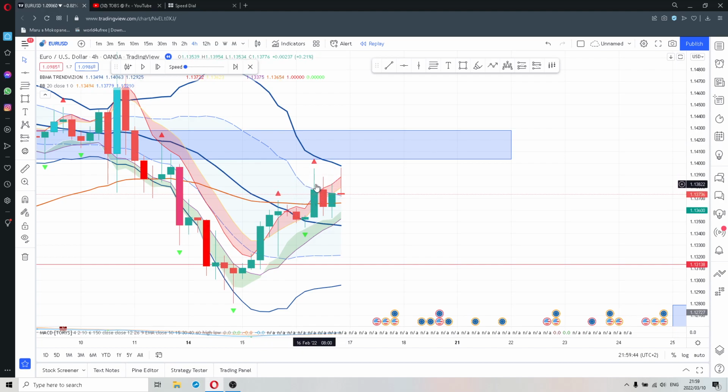So on 4 hours, guys, when you get to 4 hours, you're looking for an extreme. And we are looking for an extreme after it touched that zone, guys. So let's look for an extreme, and remember, it's an extreme when that thing closed. So the last candle is this one, guys.